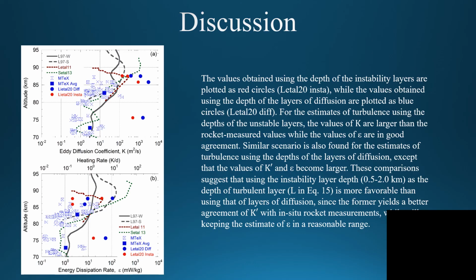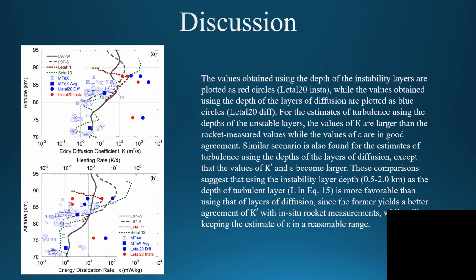However, when we use the depths of the layers of diffusion, both values of K and epsilon become larger, which leads to much larger K and good agreement in epsilon.